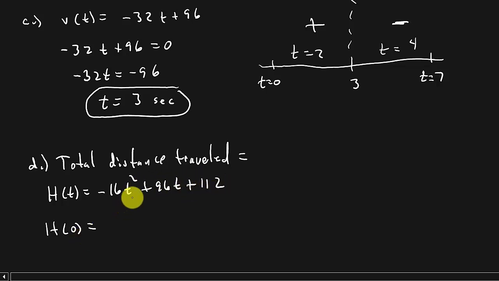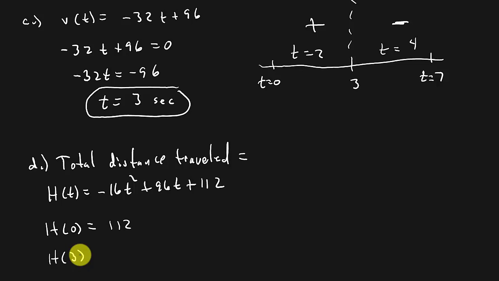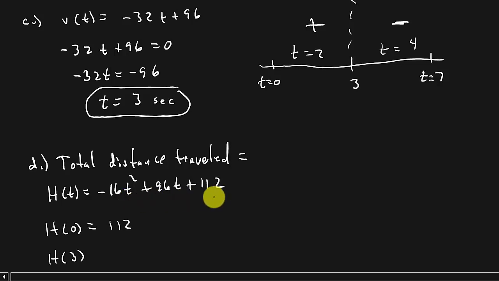So at h of 0, if I plug the 0 in for t, I'm going to get 112. And then at h of 3, okay, that's going to give me the maximum height, right? So if I plug 3 in for t into my height function, I get 256 as an answer.